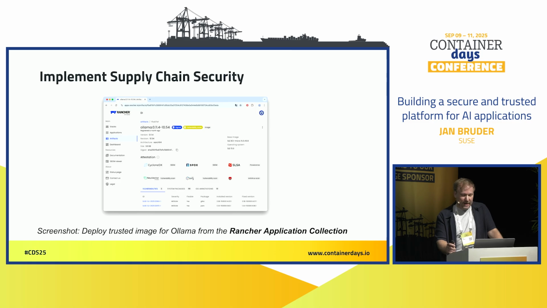And this application collection also includes a lot of components that we talked about today that allow you to build a platform. Instead of going to Docker Hub or to some source on the internet where you don't really know who built that image, and if it's free from vulnerabilities, you can go to a trusted vendor to get these images.